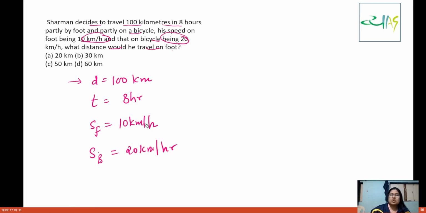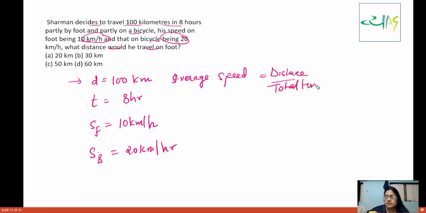Fine. So what is average speed? Average speed is total distance traveled upon total time taken.